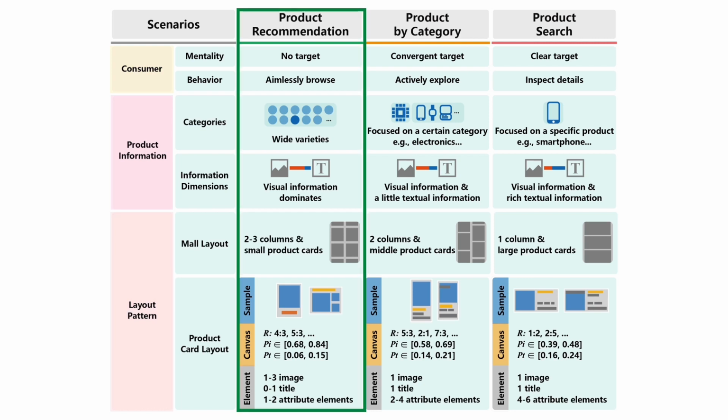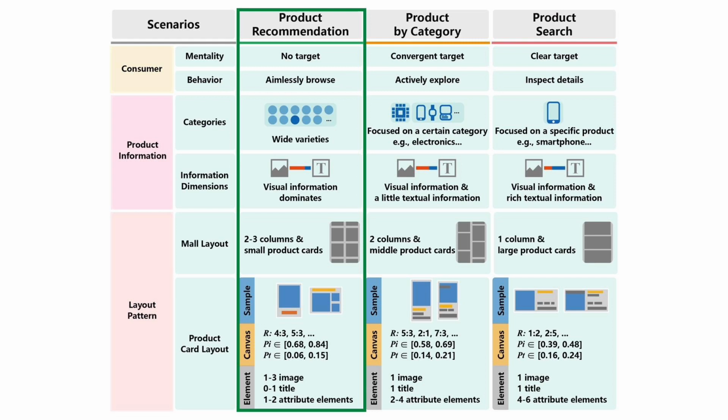For example, product recommendation is a scenario showing products recommended by the system, usually existing in the homepage of shopping malls. Consumers who enter this scenario often have no clear shopping target and just aimlessly browse. So, PLPs in this scenario need to present as various products as possible, and the product information is mainly presented in the form of images.